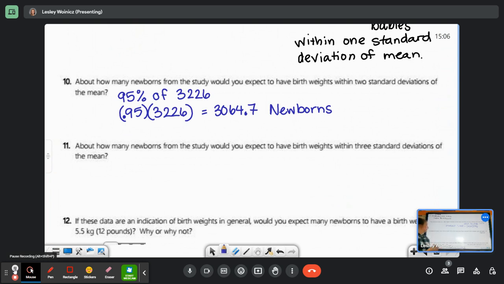About how many newborns from the study would you expect to have birth weights within 3 standard deviations of the mean? This time we use 99.7%. We still have to move the decimal point 2 places to the left, so this time we're going to multiply by 0.997.